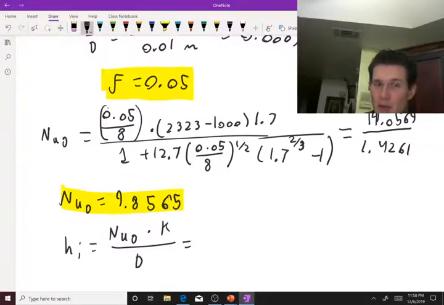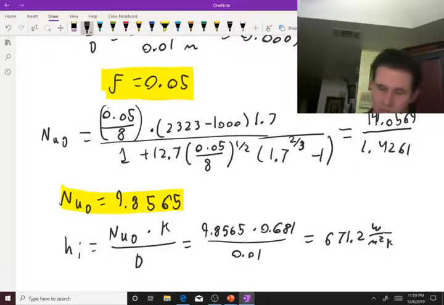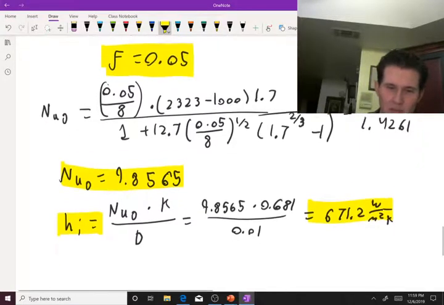If it is for a pipe, it's over D. If it's for a flat plate, it's over L. So we run our numbers through and we get around 670.2 watts per meter squared Kelvin. That is our h value.